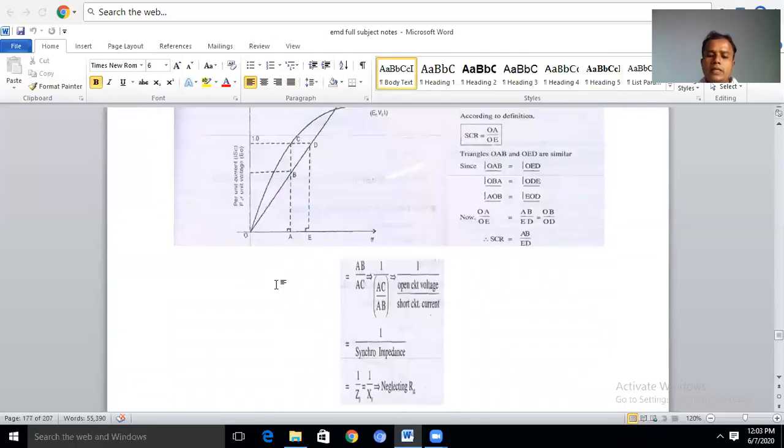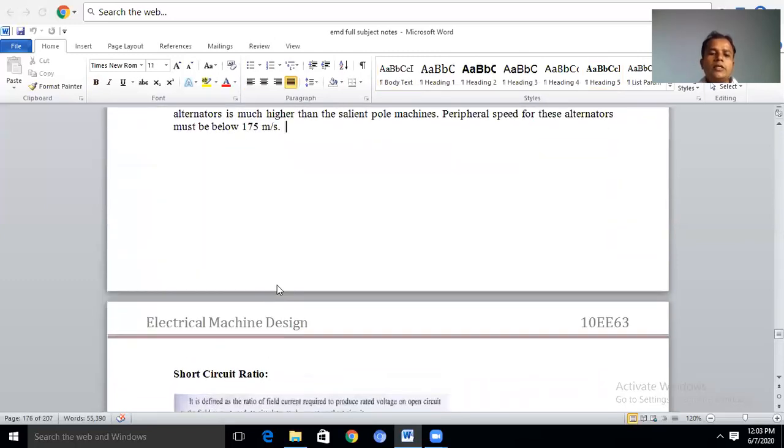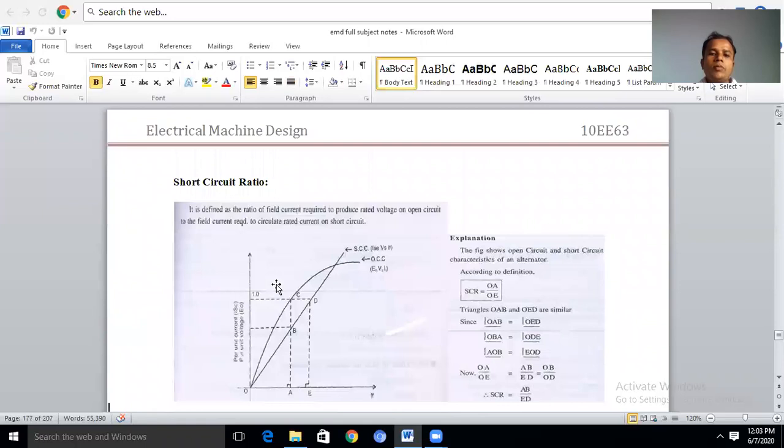Now we will see one more point, that is short circuit ratio. This is very important. I just discussed the short circuit current. If I increase the flux density, the flux linkage will increase, then the leakage flux will reduce, and hence the leakage reactance also reduces.